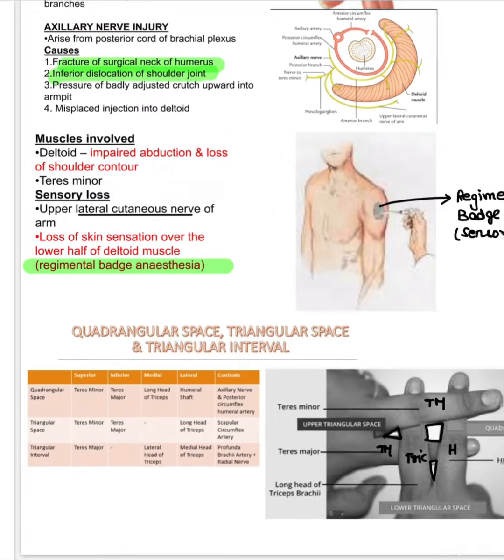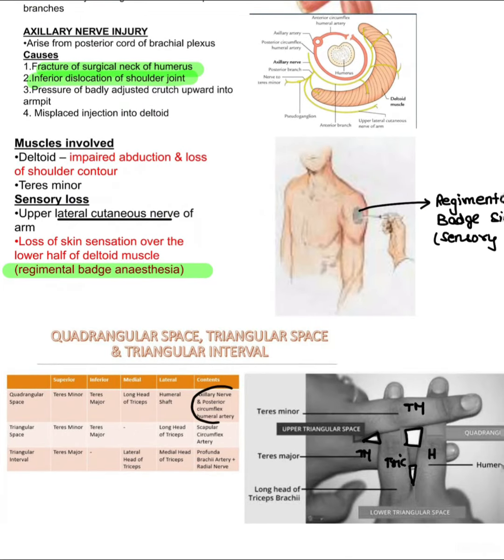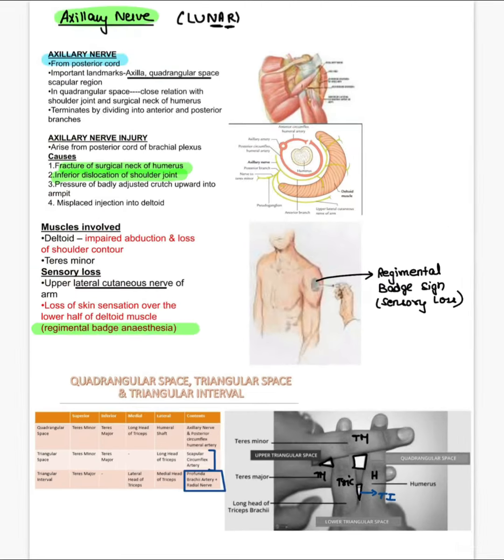What are the things that come here? The contents of the quadrangular space you need to know: the axillary nerve and the posterior circumflex humeral artery, which winds around the humerus, because the humerus is so close by here. Then the upper triangular space contains the scapular circumflex artery, and the lower triangular space, also known as the triangular interval, contains the profunda brachii artery plus the radial nerve.